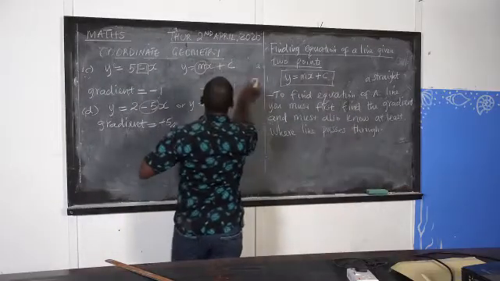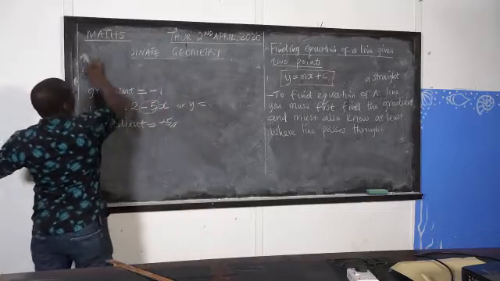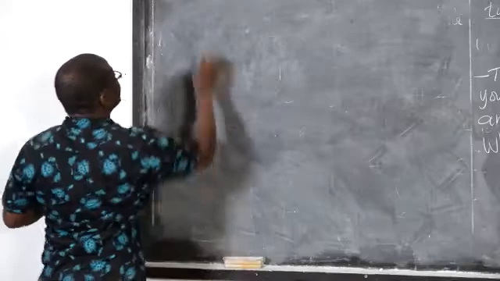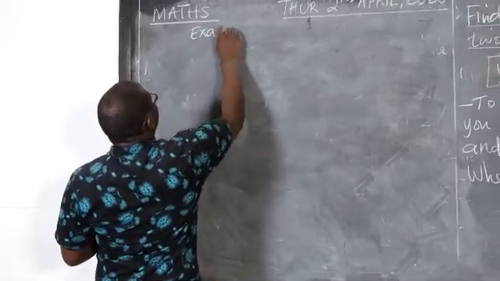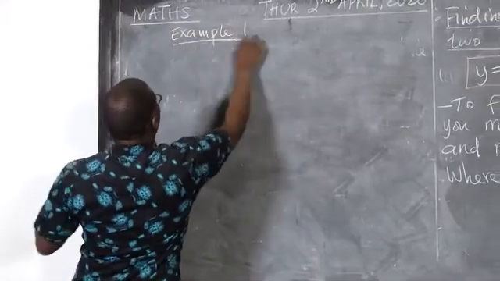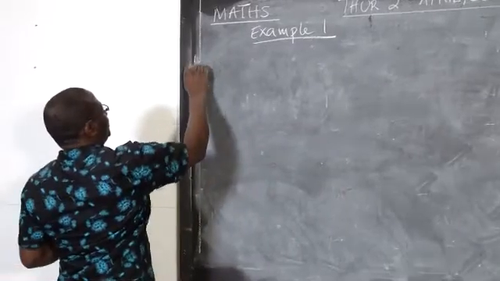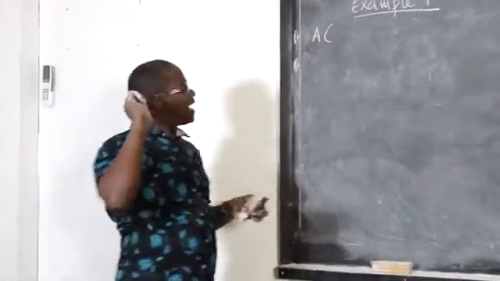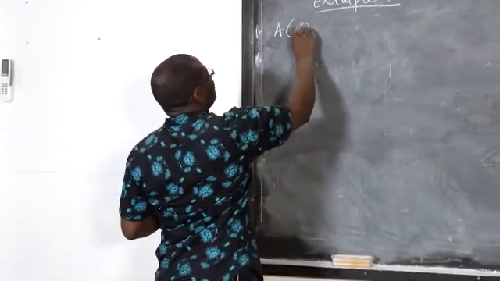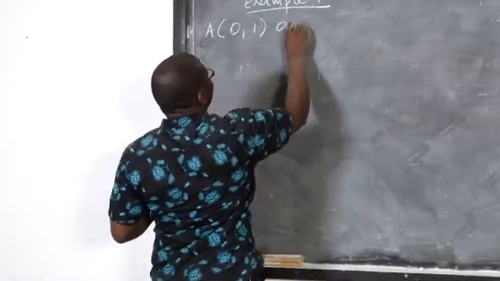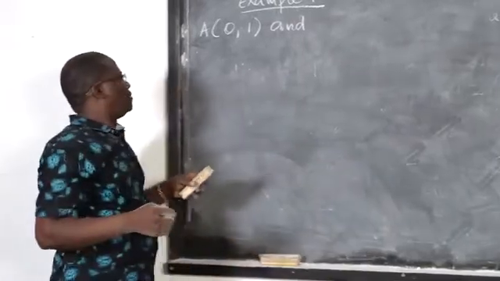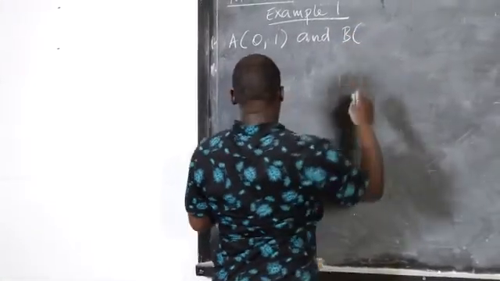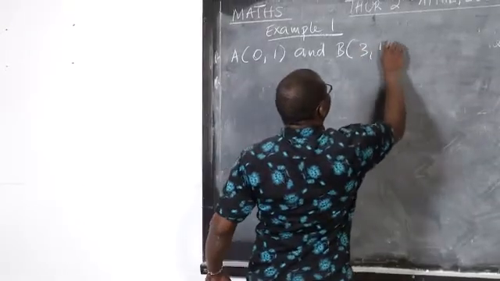The first example in this case. So let's call it example 1. Remember I said you have to have at least 2 points. So we have point A (0, 1) and let's say maybe point B (3, 10).